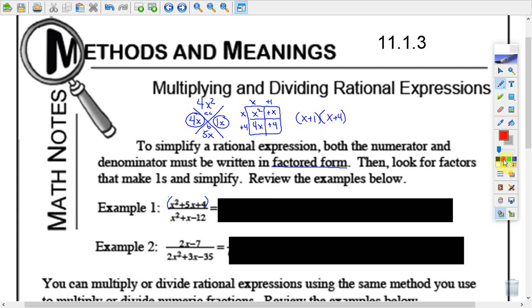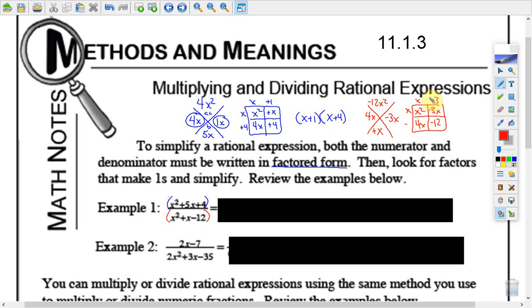And we're going to do the same thing for the bottom. I'll do that in red. So we have a diamond problem. Again, negative 12x squared, positive x, so that's going to be 4 and 3, positive 4, negative 3. x squared minus 12, that's the 4x, the 3x, x plus 3, and what did I forget?